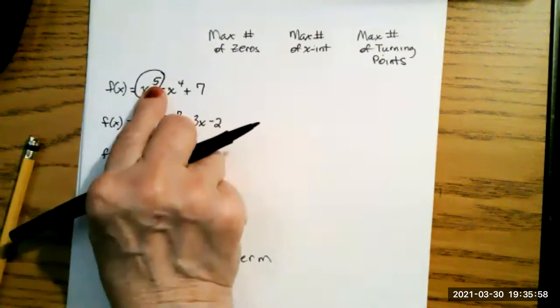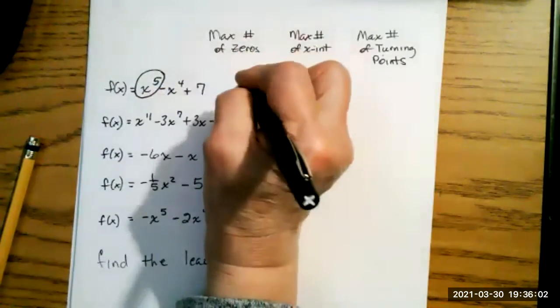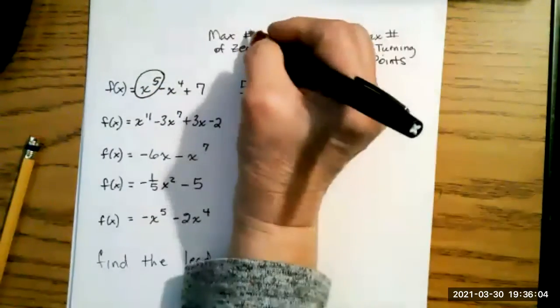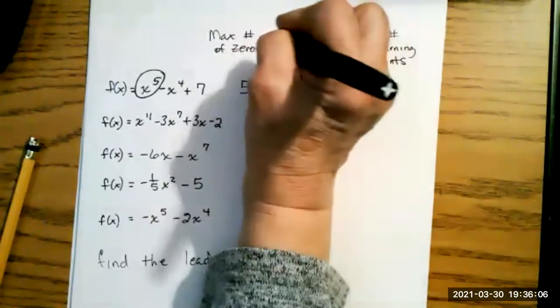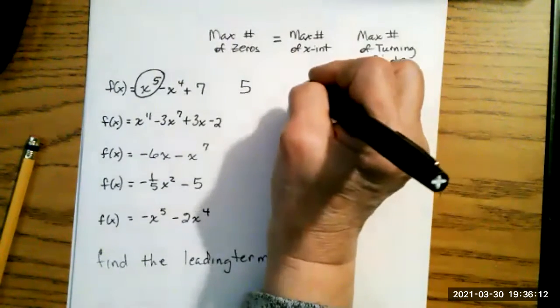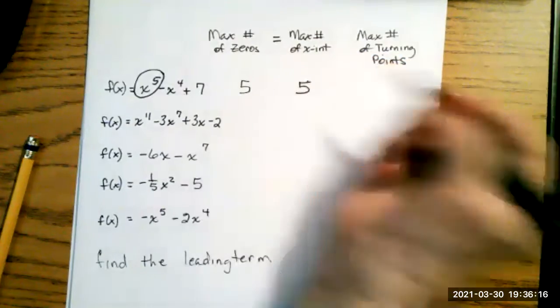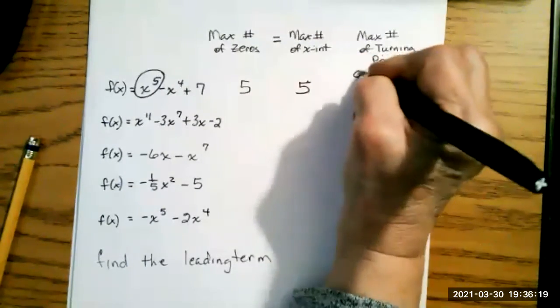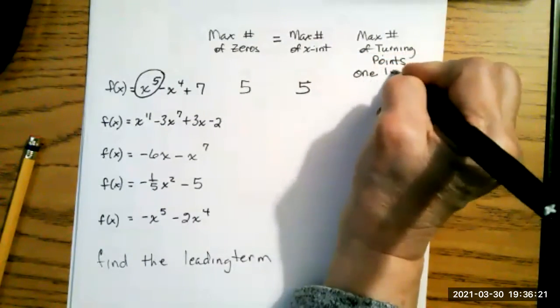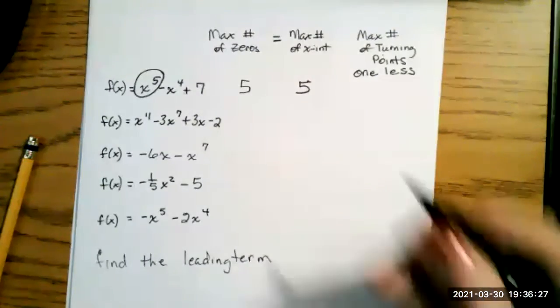Whatever this top exponent is goes there. Since the maximum number of zeros equals the maximum number of x-intercepts, what has to go here? 5. Now the maximum number of turning points is 1 less. So what number goes there? 4.